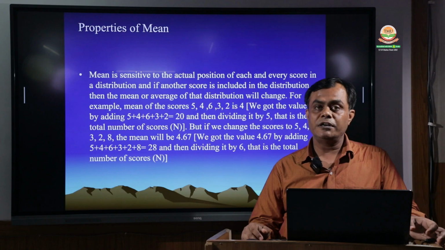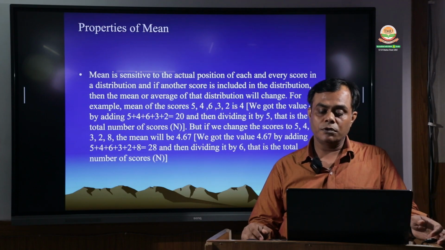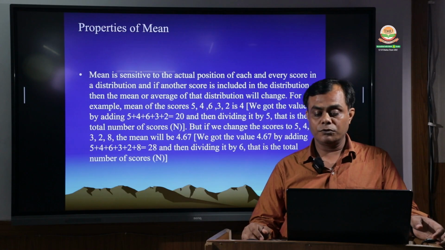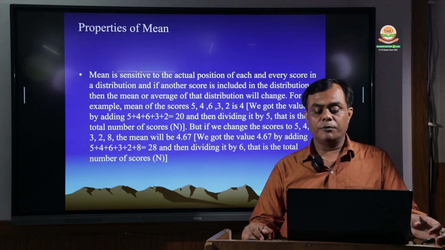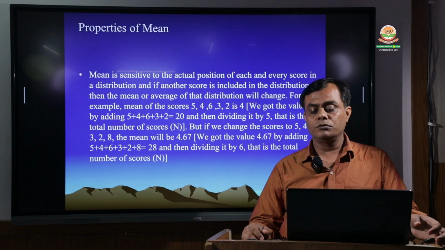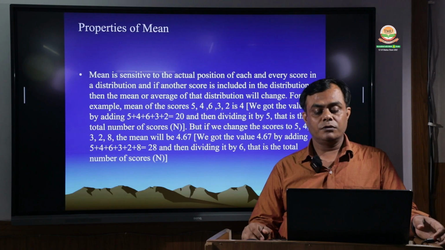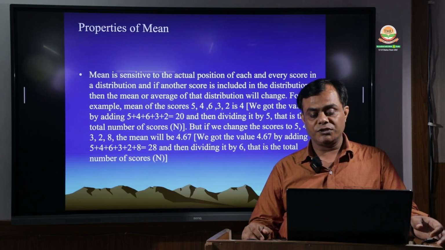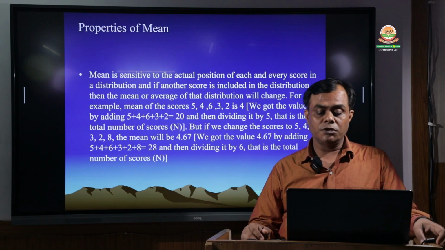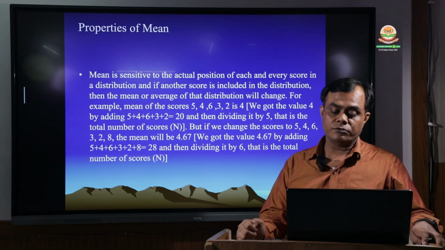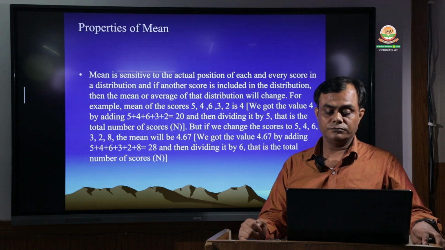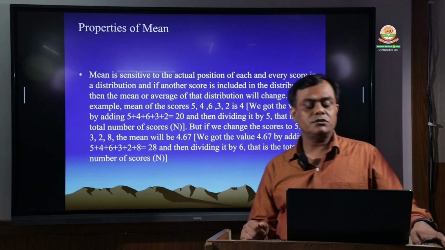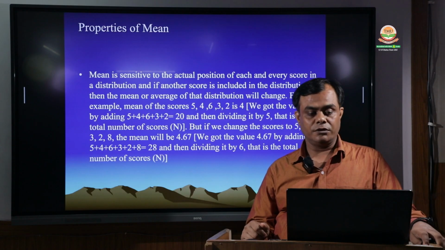So 20 divided by 5 gives the value 4. But if we change the scores to 5, 6, 4, 3, 2, 8, then the mean value will be 4.67, because the total value is 28, and 28 divided by 6. Here n is the total number of scores.